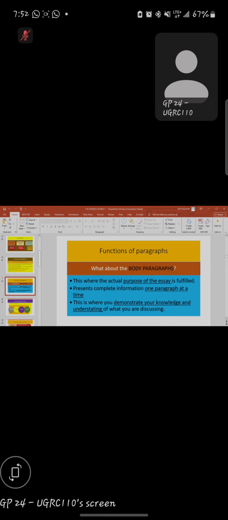Ideally, at this level, if you are given a topic, you cannot exhaust everything. So if you are writing an essay that is supposed to be in total 5 paragraphs, you have 1 paragraph for the introduction, 1 paragraph for the conclusion, 3 paragraphs for the body.